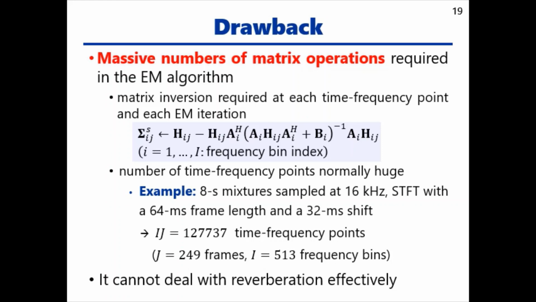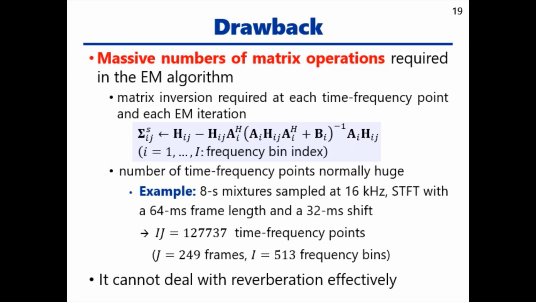We can see this by looking at this update rule for sigma, where the frequency bin index i is made explicit. Indeed, the matrix to be inverted in the parentheses depends on both the time and the frequency. Since the number of time frequency points is normally huge, this results in numerous matrix inversions.